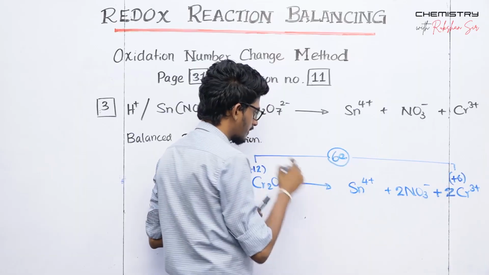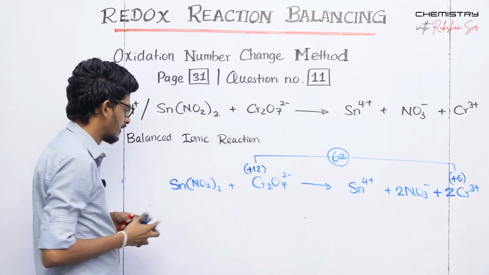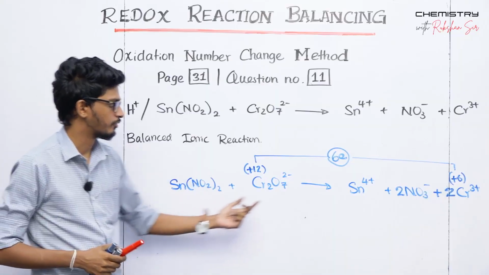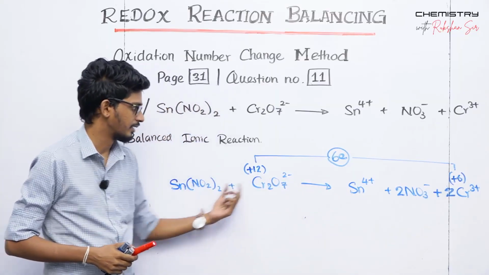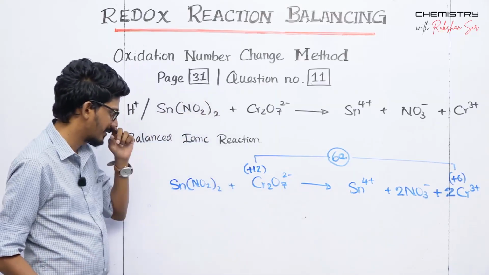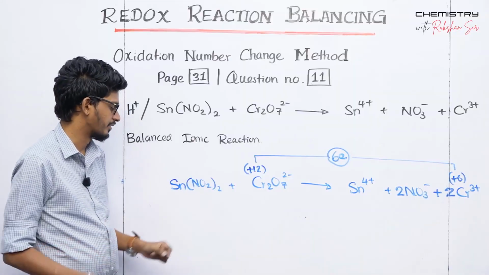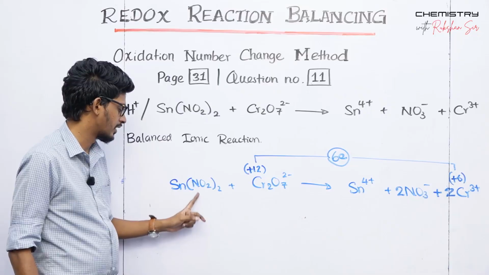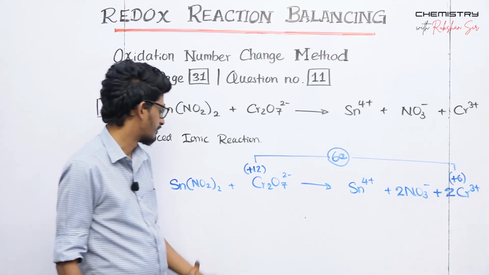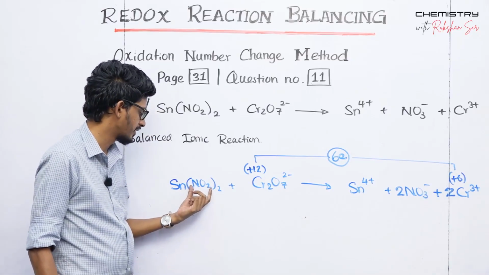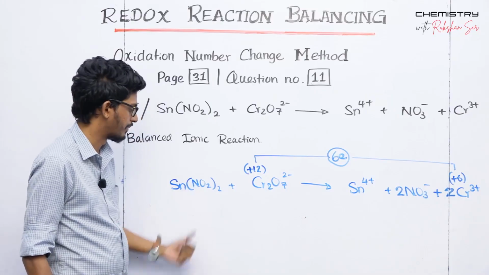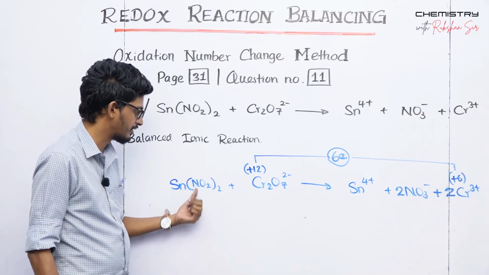It's okay. What about here? Here the tin 2 plus is appearing. That is oxidized to tin 4 plus. 2 plus oxidation state came to 4 plus oxidation state. Here the nitrite ions, NO2 minus. If you examine this, the nitrite will come up with plus 3 oxidation state.